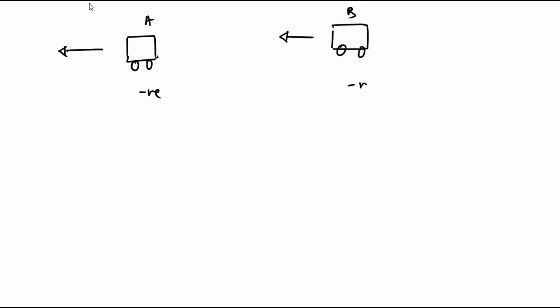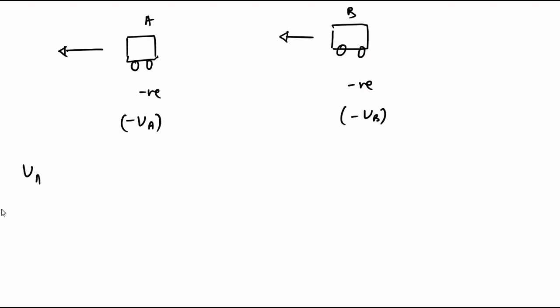Then the same thing, if we have two vehicles moving in the same direction but opposite to the previous case. Here it was moving towards the right, here they are moving towards the left. Same thing, A and B. Here both of them are negative: minus VA, and here minus VB.